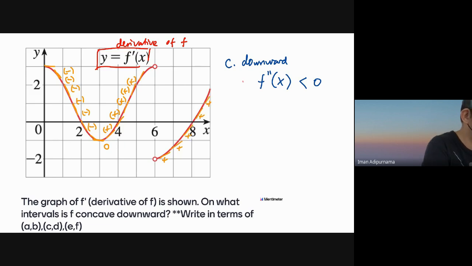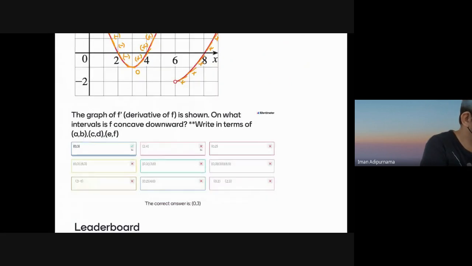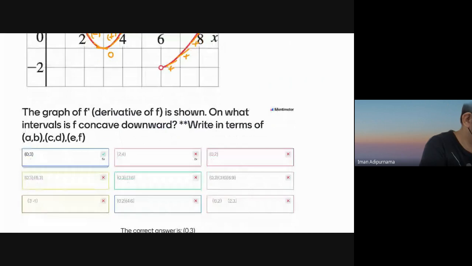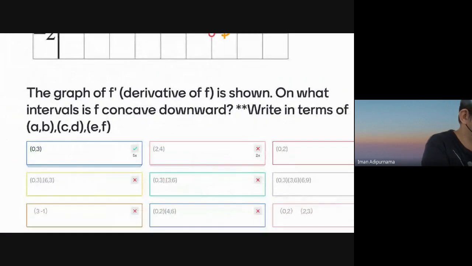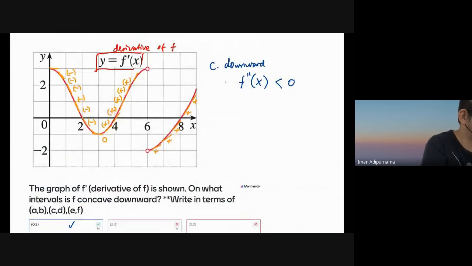The question is concave downwards, so we need to find where the slope is negative. So it's from 0 to 3. I think you did a good job here, but only 5 got correct. So the interval is 0 to 3.